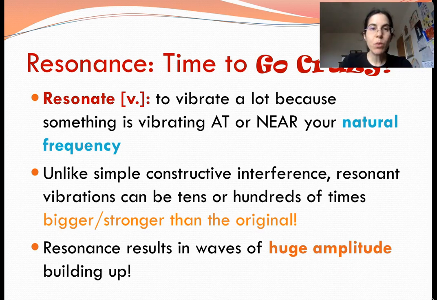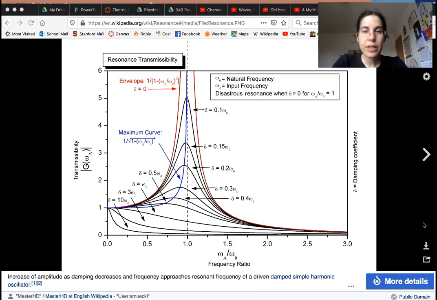Resonance results in waves of huge amplitude building up. How huge? Let's see. In the equations for resonance, resonant force, resonant acceleration, you'll see a term in the denominator that shows the difference between the frequency of what's ever going on, the input frequency, and the natural frequency of the object that's doing the resonating.